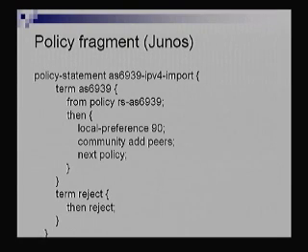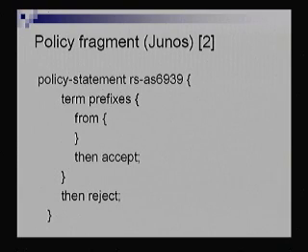that is static. So you put this in a file and load it into the router and forget about it, usually. So this is, in fact, a peering policy, setting local preference, setting some BGP communities. But the main thing is that it's going to act on a route filter to select routes that it's going to accept. And so here's the base template for the policy fragment RSAS 6939.